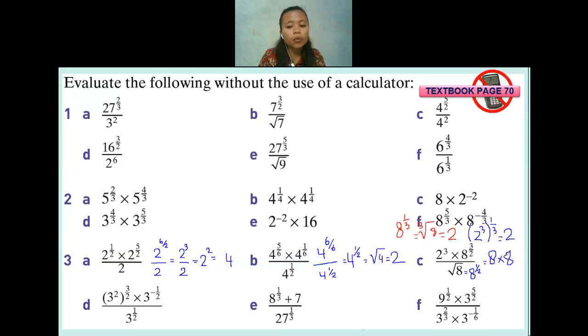When we have division, we can finish it by subtracting the power. 3/2 minus 1/2 will be 2/2. 2/2 is equal to 1. 8 to the power of 1 will be equal to 8. So in here, 8 times 8, the answer will be equal to 64.